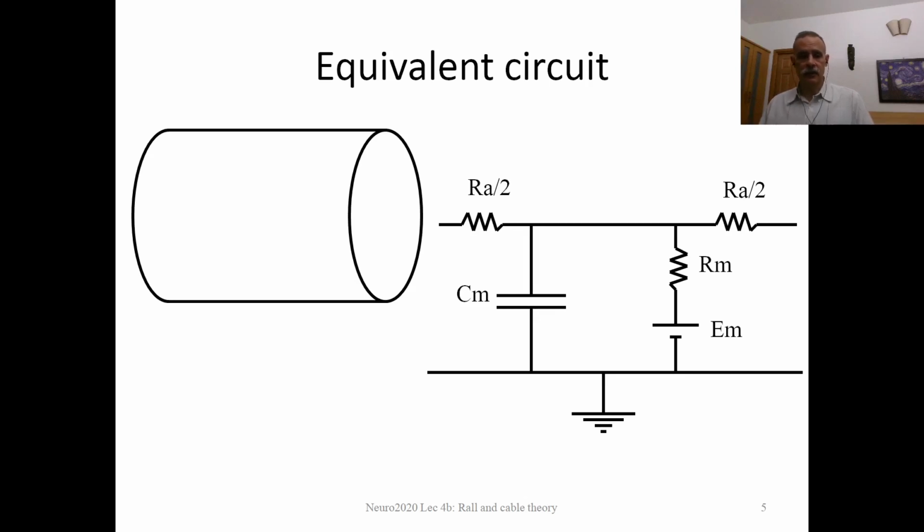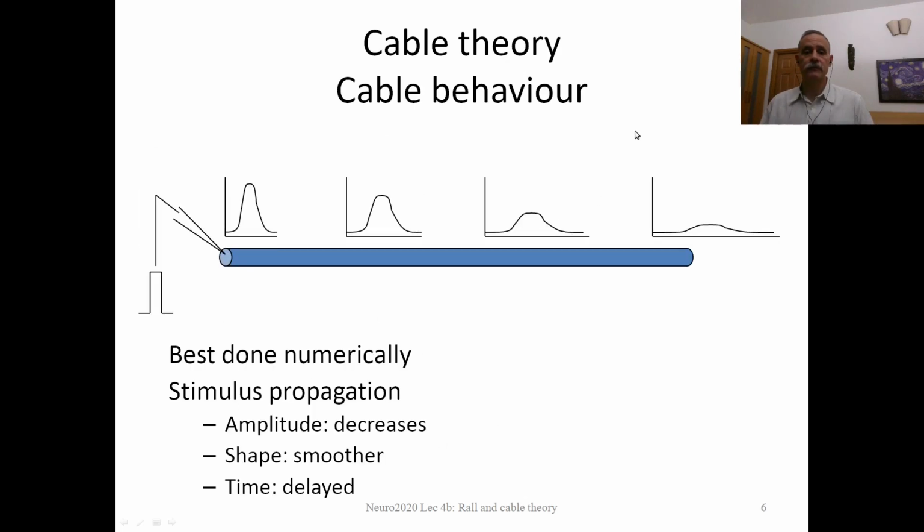Okay, some more reminders. We are doing everything in terms of equivalent circuits because this is the biophysical mapping of the electrical properties of a passive piece of cable. The axial resistance along the length of it, the membrane capacitance across it, the membrane resistance again across the membrane, and the membrane potential, and the outside being ground, and the inside over there being the internal membrane potential.